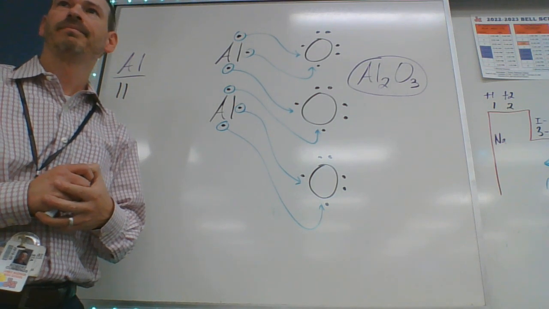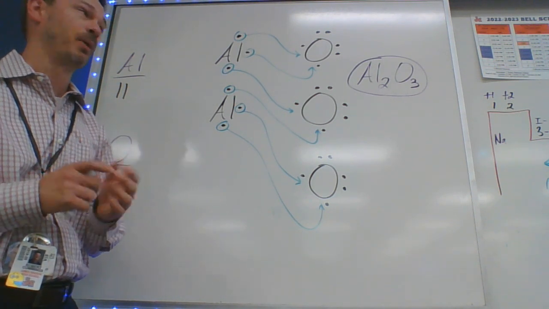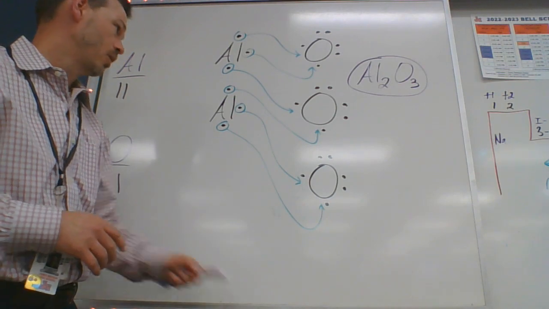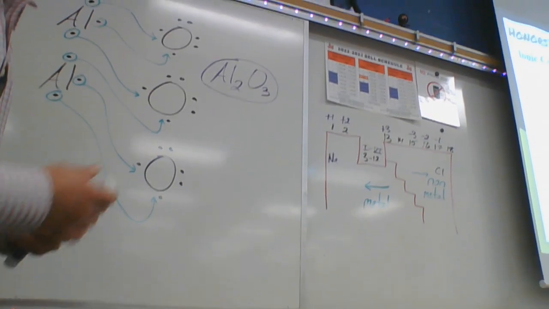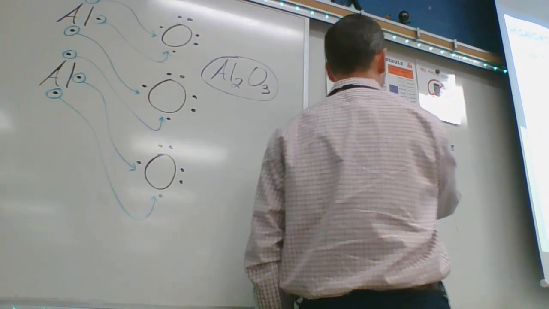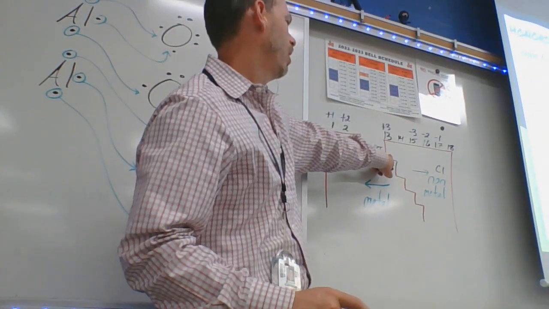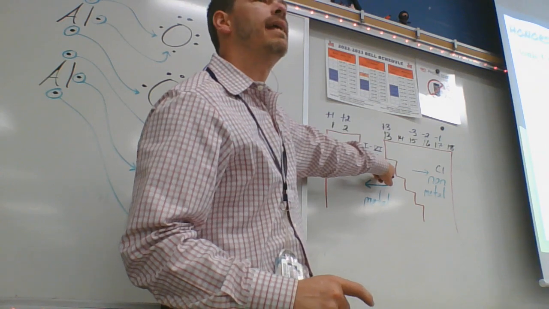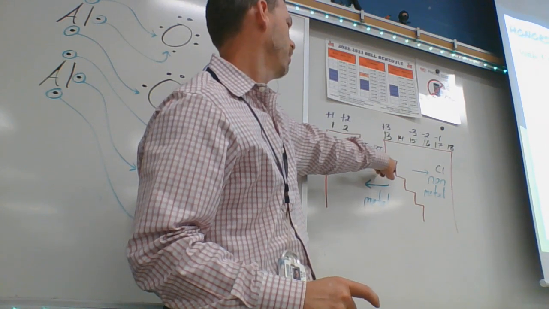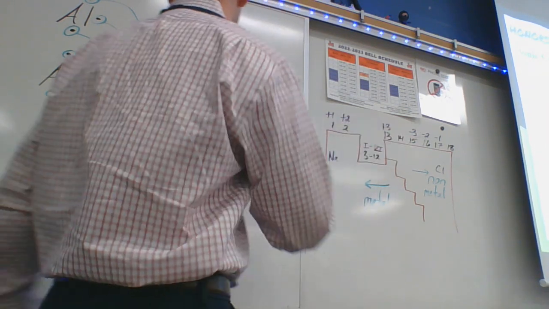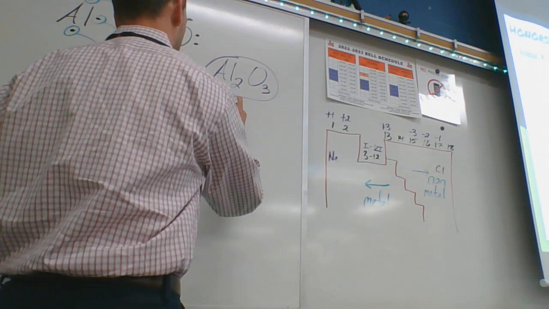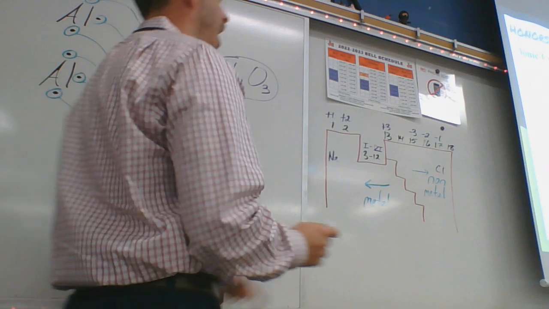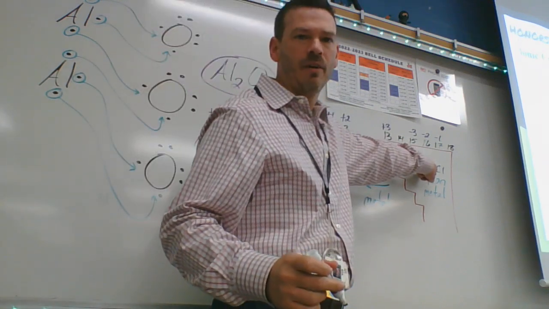Here's the shortcut. We're going to practice a bunch of them, but let me ask you this. Considering that aluminum is right here, what is aluminum's oxidation state? Aluminum's oxidation state is +3. Oxygen is over here.